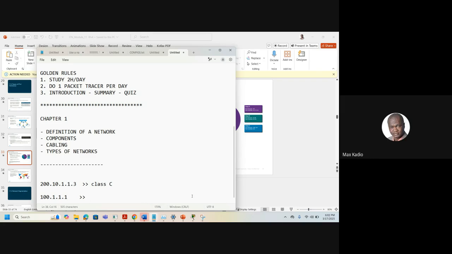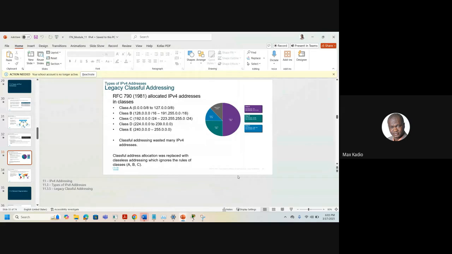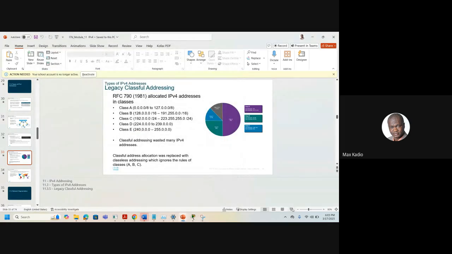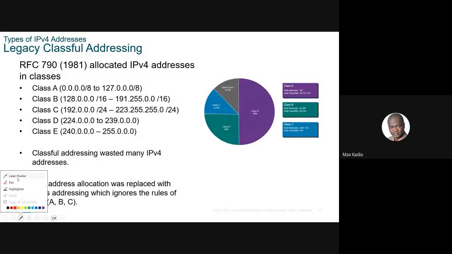Why? It's the same thing. This IP address starts with 100. Then you check your notes. You can see that 100 falls between 0 and 127. So 100 is between that. So it's a class A.